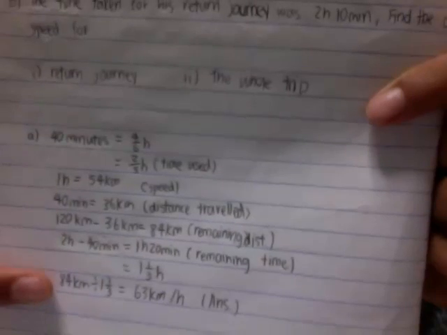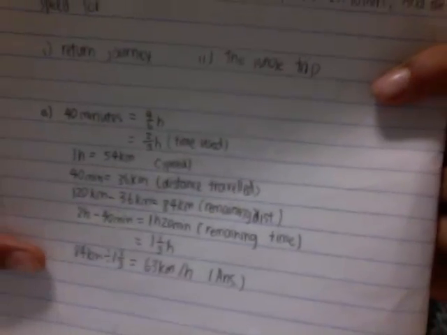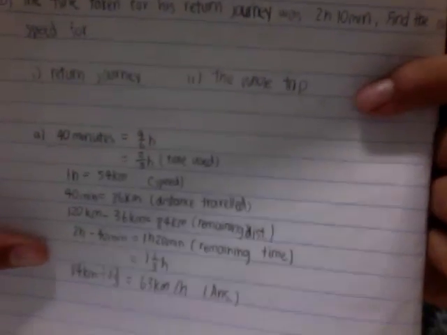So it's 1 out of 3 hours. So the answer will be 84 kilometers divided by 1 out of 3 hours, which is 36 kilometers per hour. That's the answer for A.